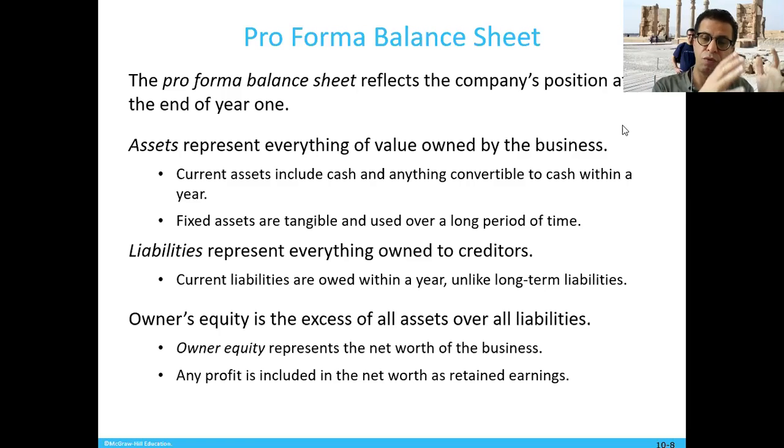So you calculate all assets, short-term and long-term, and all liabilities, and subtract one from the other. What's remaining becomes the owner's equity. Owner's equity represents the net worth of the business, and any profit included in the net worth is retained as earnings.